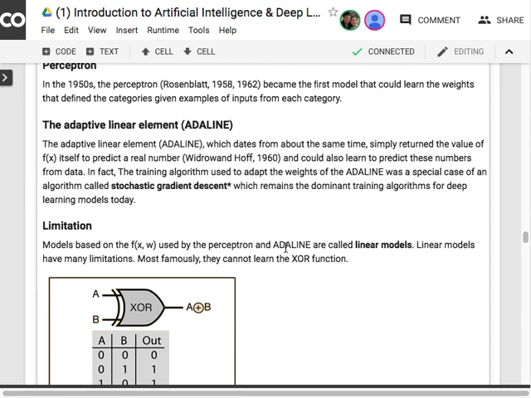So when we put in 0, 1, and then we got 1, they propagate the value of 1 back to the weights directly without taking the derivative. This is the simplest way of stochastic gradient descent to get the propagation.